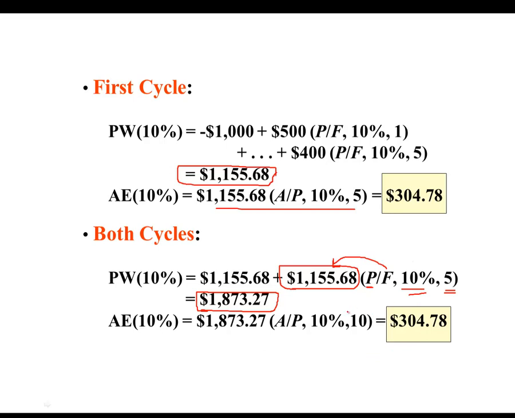So just finding the annual equivalence will help in determining the values for the cycles. If I found that for cycle one, and it's repeating, then I don't need to recalculate again and again. I can just calculate it for the first cycle, and it will be the same payment for all other cycles.